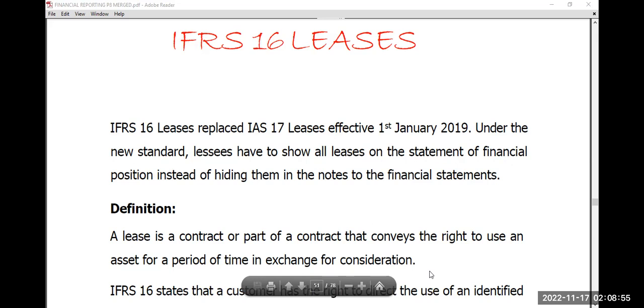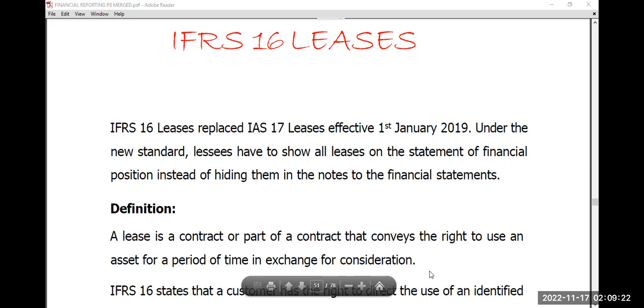So let's try to look at the definition. What are leases? We are saying a lease is a contract or part of a contract that conveys or transfers the right to use an asset for a period of time in exchange for a consideration.